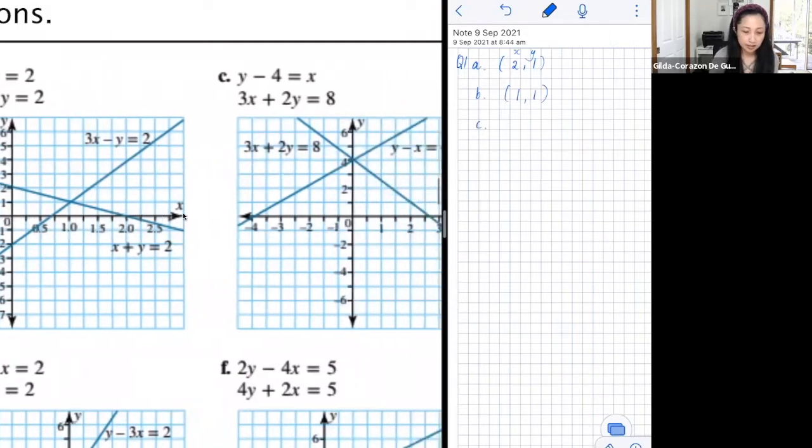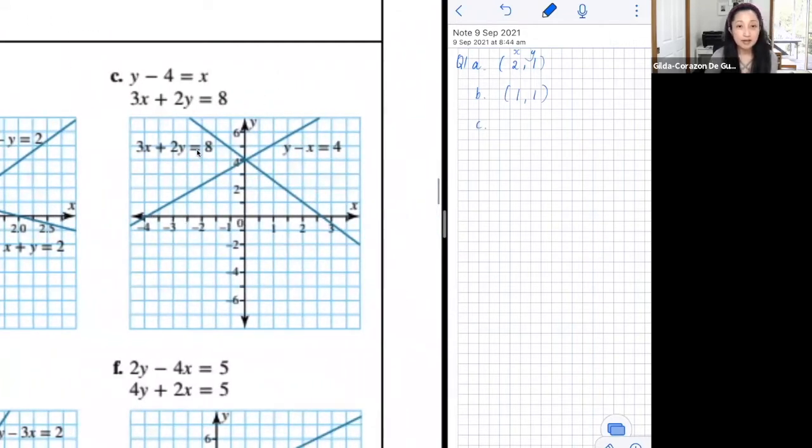Okay, and then question C, you have two lines here. This is y minus x equals 4. And this is 3x plus 2y equals 8. And see how I would rather have that over here, just on the right, just so it doesn't look messy. I don't know, it's just me.